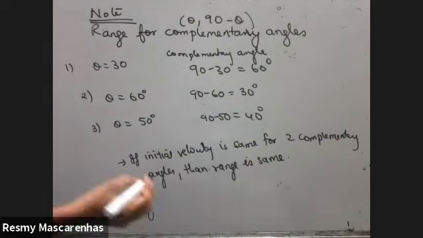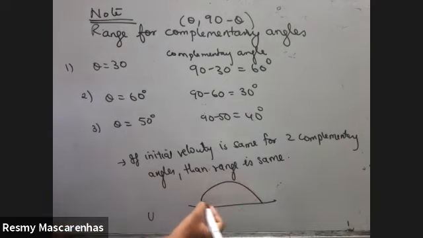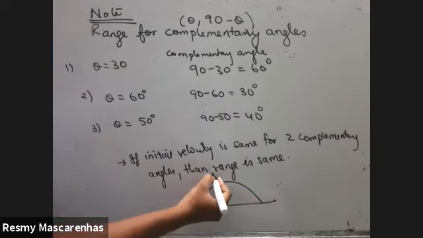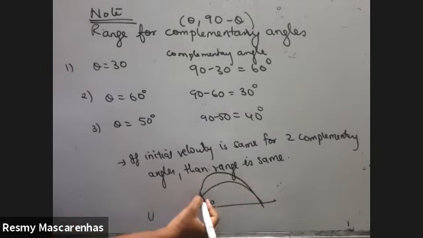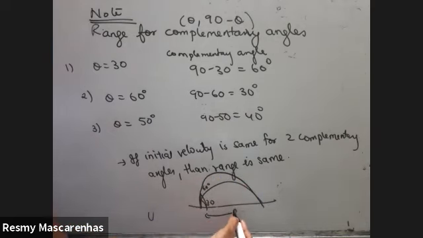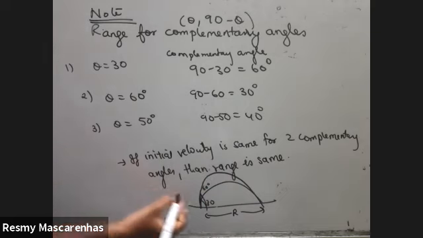What it means is, if I'm throwing at 30 degree, and if I'm throwing at 60 degree, the range covered remains the same, provided I'm throwing it with the same speed. And the two angles should be complementary to each other. If simply one I'm throwing at 10 and the other at 20 or 30, no, different range. But only if they are complementary angles, if you add both of them, they should be 90 degrees. Then in that case, the range covered is always the same.